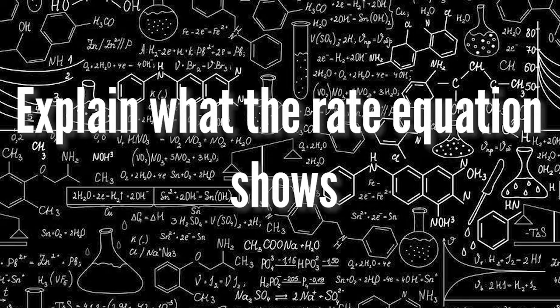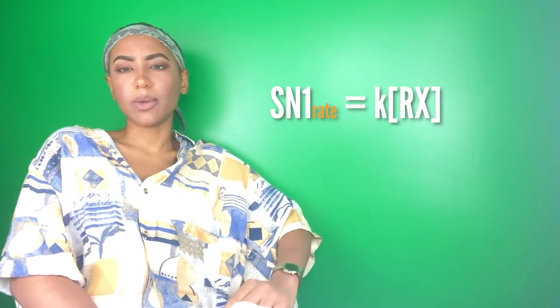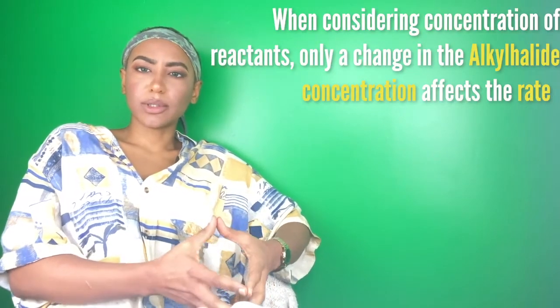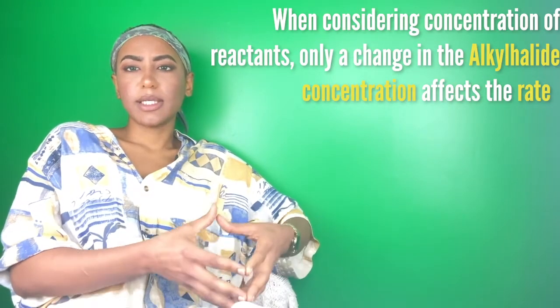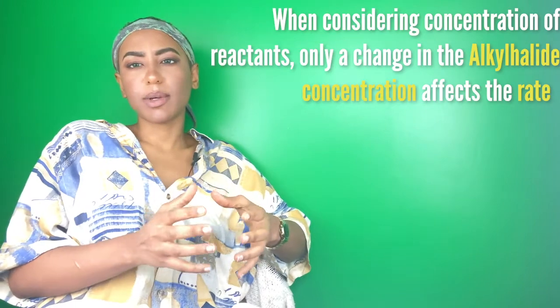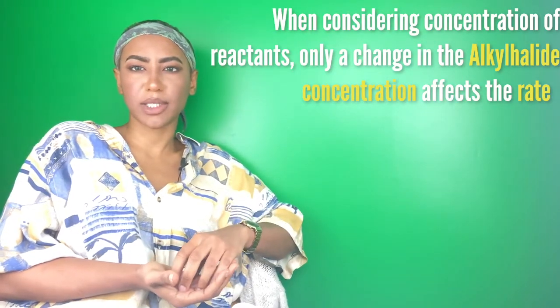29. Explain what the rate equation shows. If we look at the rate equation, we can only see one particle, and that is the alkyl halide. What does that mean though? That means that only the concentration of alkyl halide can affect the rate of an SN1 reaction. For an SN1 reaction to happen, carbocations need to be present in the reaction mixture.